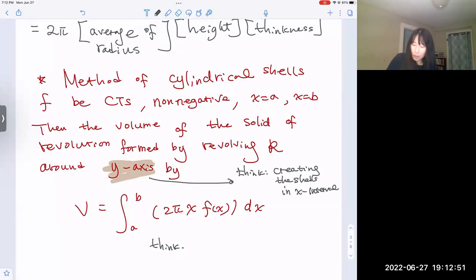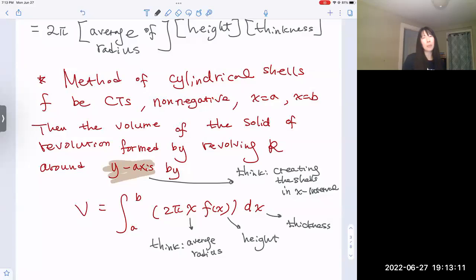All right, so think in this case, x is the average radius, and this is the height, this is the thickness, right? So you guys understand?